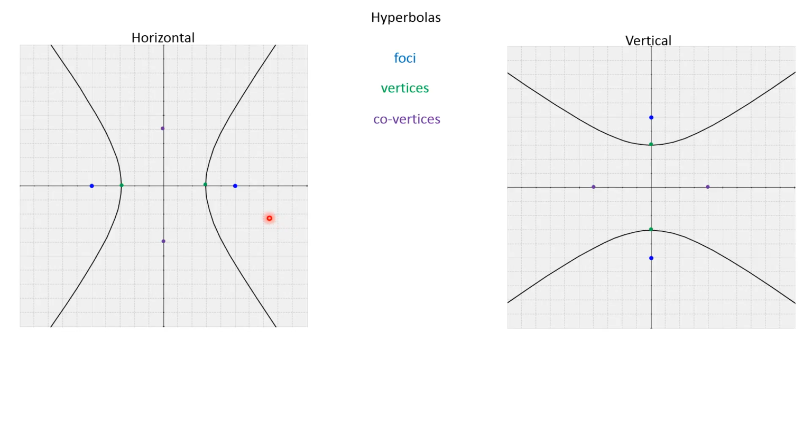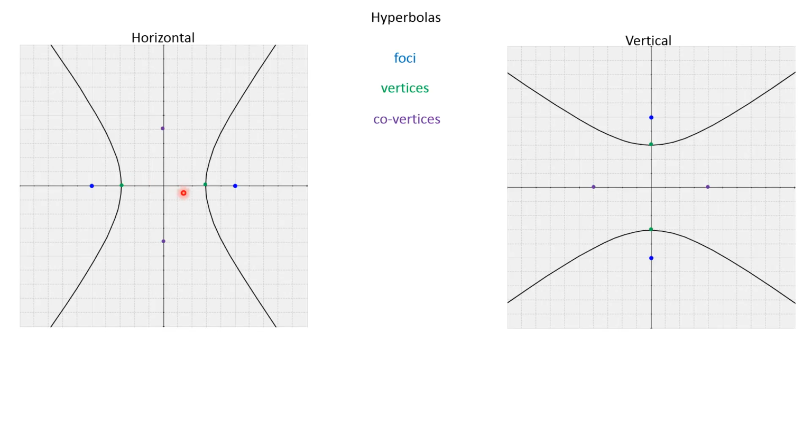But first, let's talk about our axes. In an ellipse, the one connecting the vertices was the major axis. It was the longer of the two. In a hyperbola, it might be longer, it might be shorter. These might actually be the same. That doesn't make a difference.